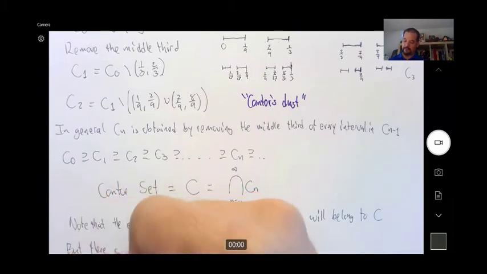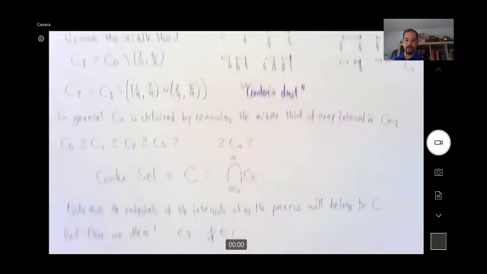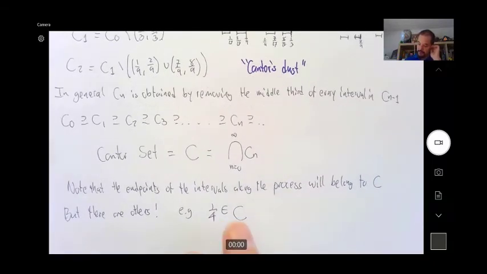But there are others. E.g., 1/4. 1/4 belongs to C. And I'll tell you, I'm not going to explain right now why 1/4 belongs to C, but I'll actually tell you a bit more about what numbers are in the Cantor set. But it's a very interesting set, this Cantor set.